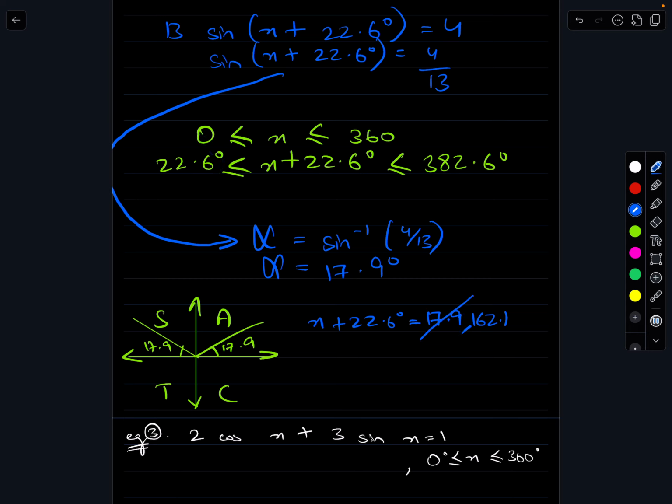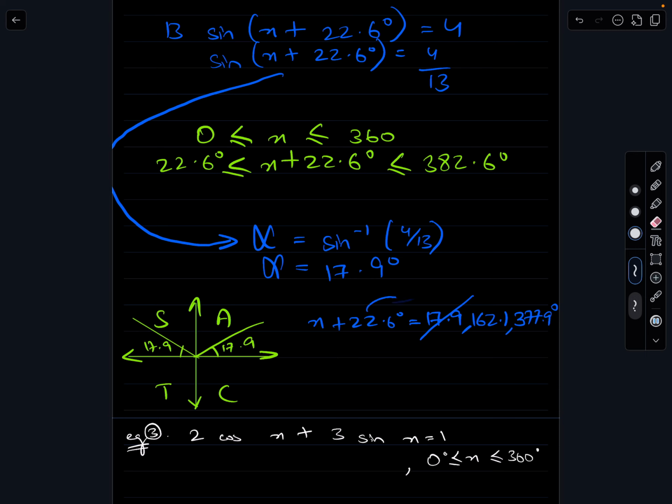Thus, we do not consider that. Instead, we add another 360 to 17.9, which is going to give me 377.9, and this is in the range. You need to consider this, and this is a very important part.